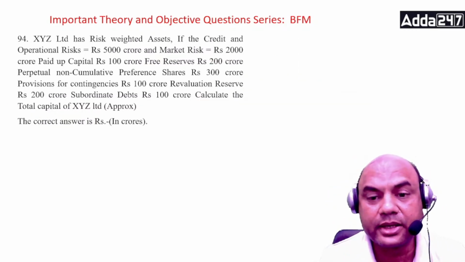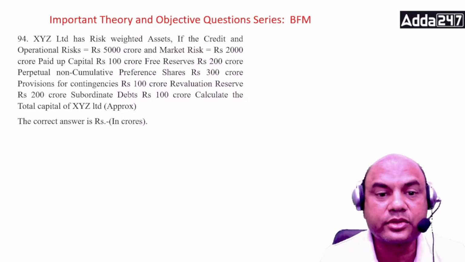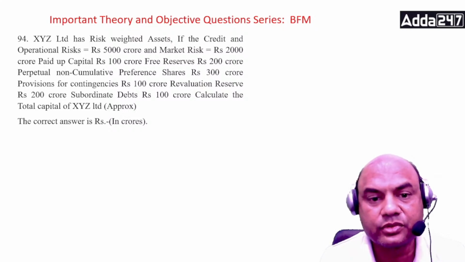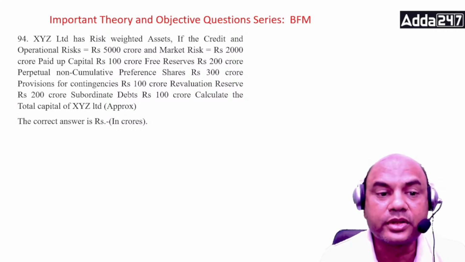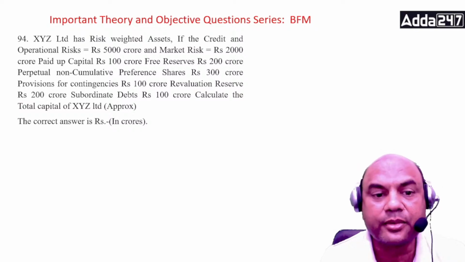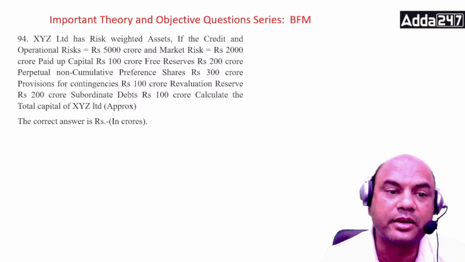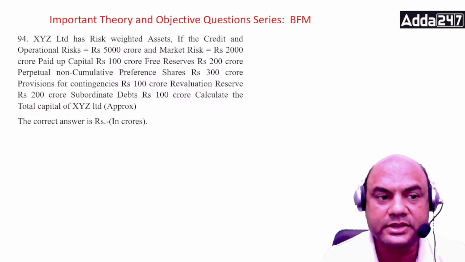Let's solve this. This is a big case study. I think it will consume roughly 10 minutes. It is a very important case study, it comes for 5 marks in the exam. XYZ Limited has RWA, risk weighted assets.